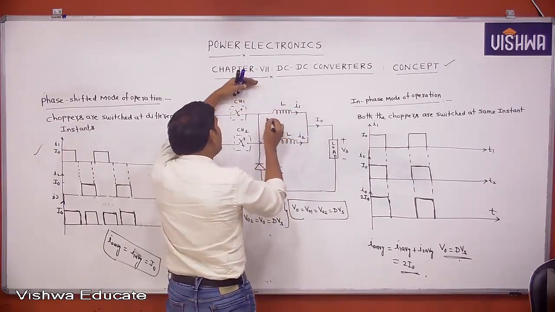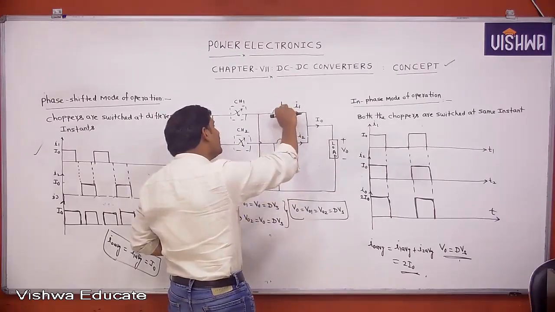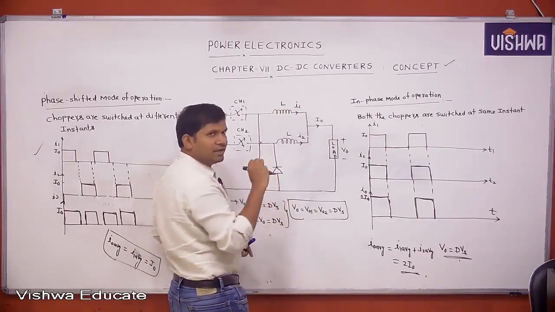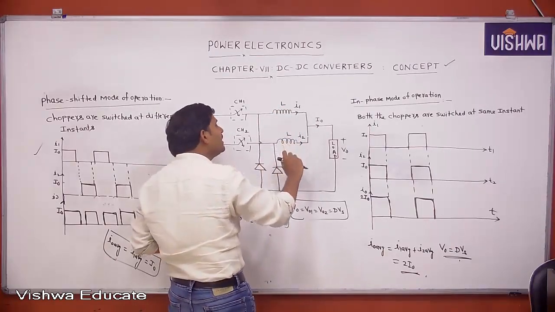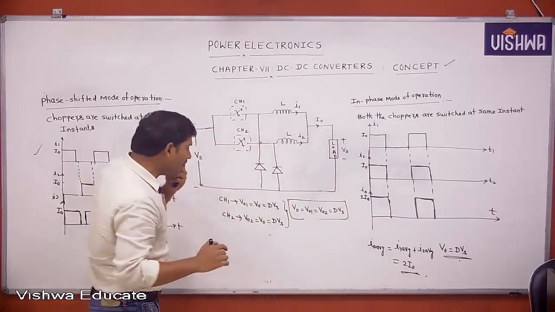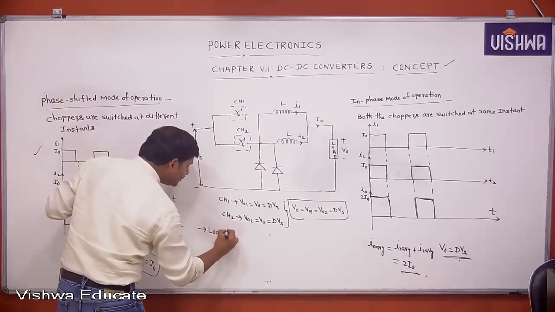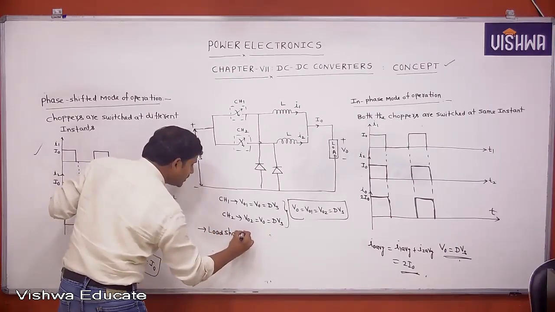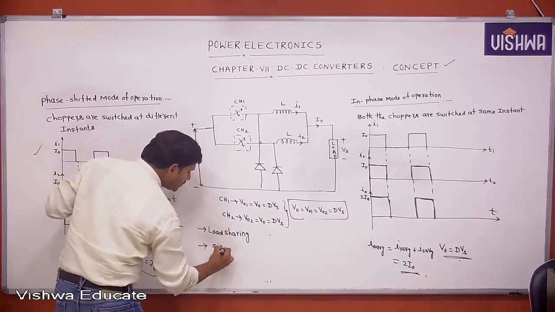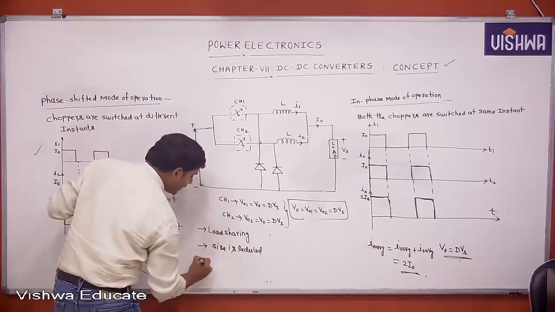But whenever two choppers are used, the current rating of each inductor is reduced. Then the size of the inductor is reduced, and the size of the chopper circuit is also reduced. So the advantages are load sharing is possible and size is reduced.